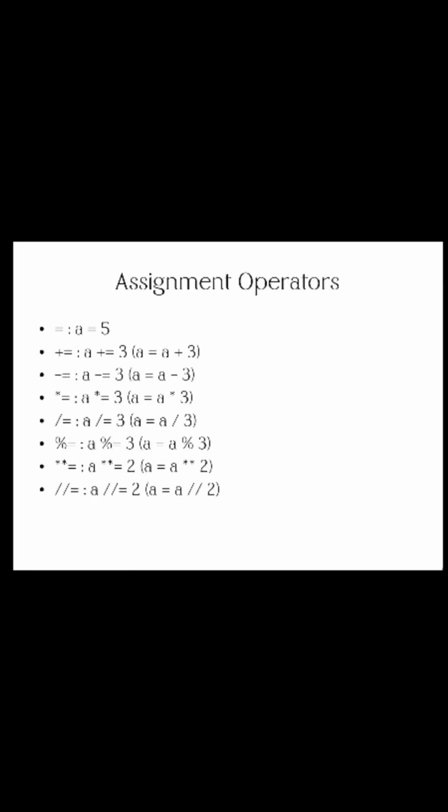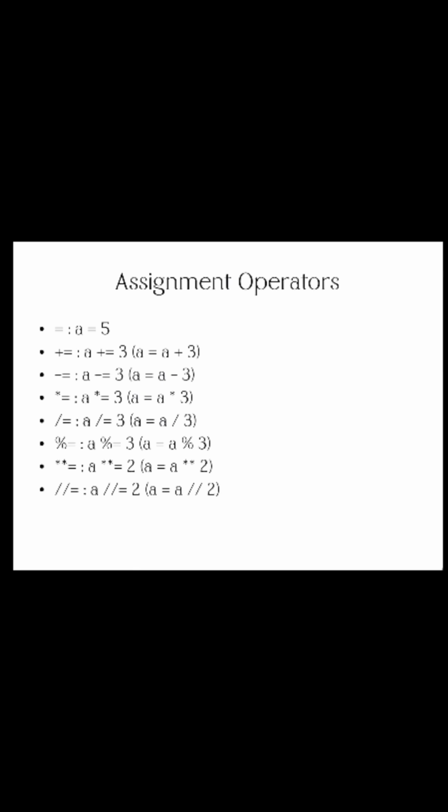And the next one is assignment operators. As we can see here, a equals 5, we have equals, plus equals, minus equals, multiplication equals, division equals, modulo equals, exponent equals, and double slash equals.